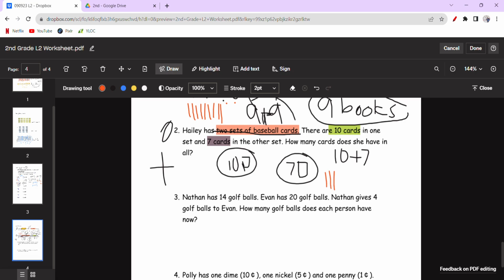And then if we add that up, 1, 2, 3, 4, 5, 6, 7, 8, 9, 10. Then 1, 2, 3, 4, 5, 6, 7. If we count that, we get 17, right? So this will equal 17 baseball cards.